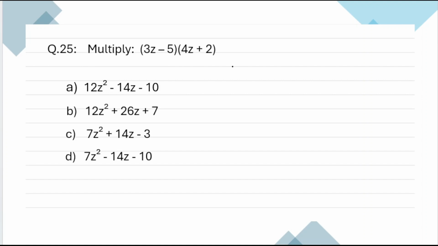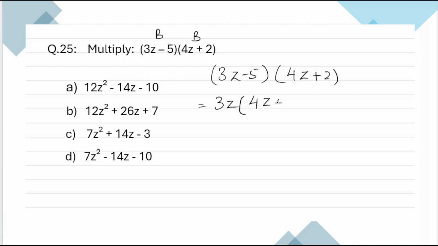Multiply 3z minus 5 by 4z plus 2. It is a multiplication of binomials. This is a binomial, this is a binomial. We will be using our distributive property. So, pick the first term in the first bracket, 3z, and multiply by all the terms of the second bracket.